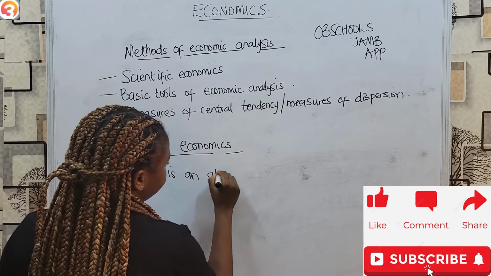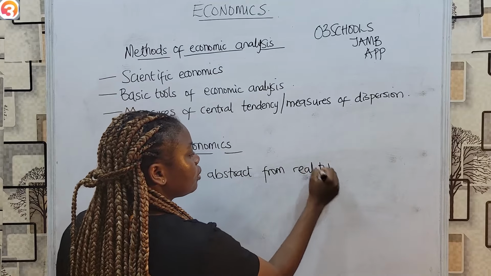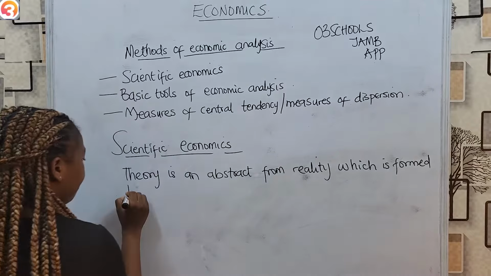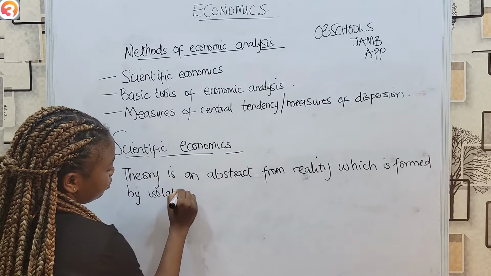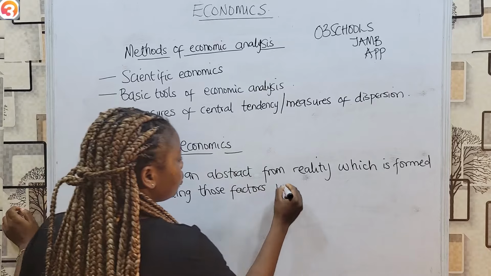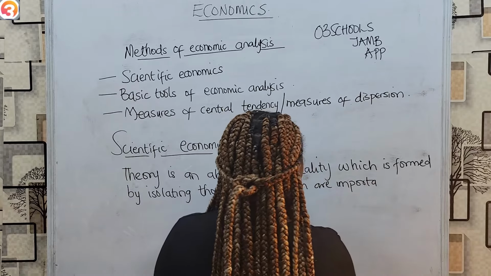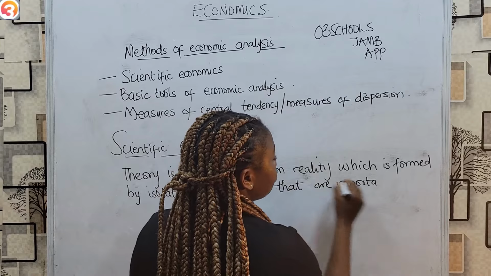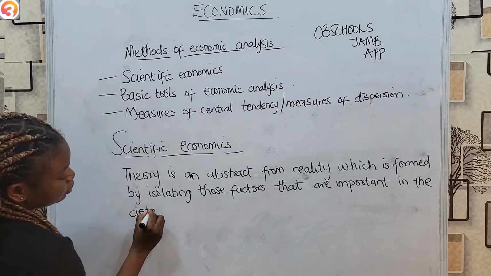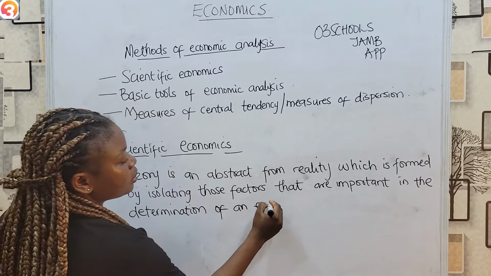A theory is an abstract from reality, which is formed by isolating those factors that are important in the determination of an economic event.